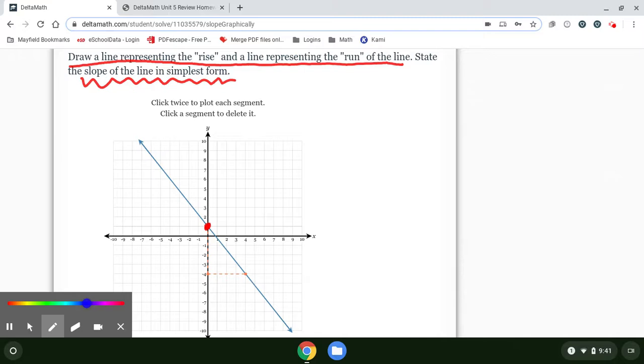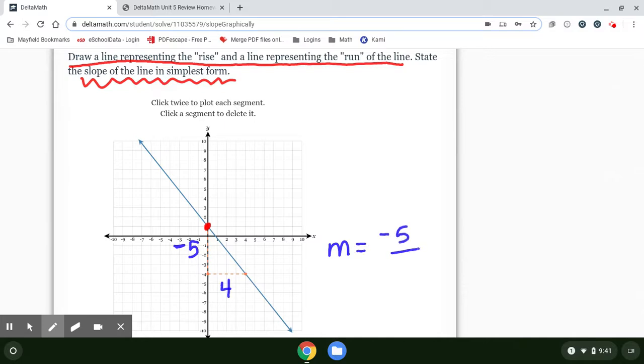So notice I go down 5, negative 5, and then I go right 4. So my slope in this case is negative 5 over 4, which can also be written as negative 5 over 4, so the negative can go in front.